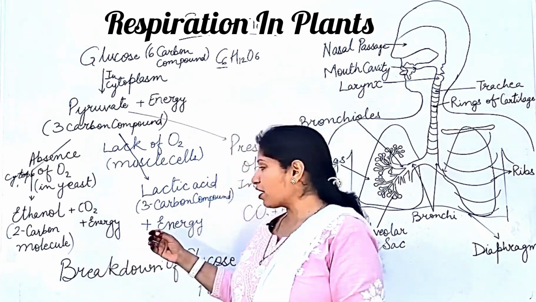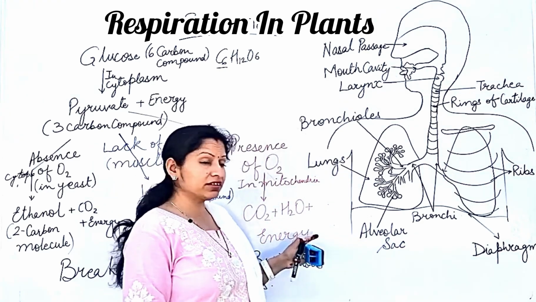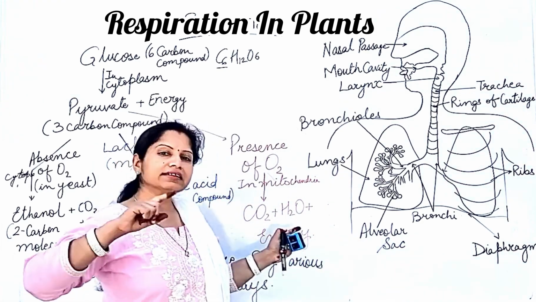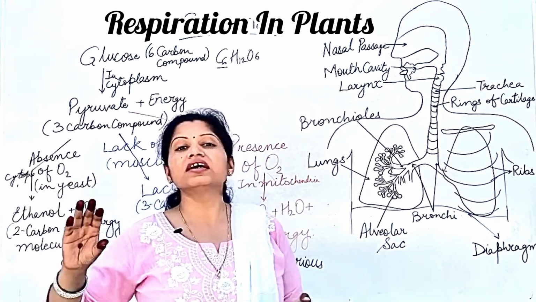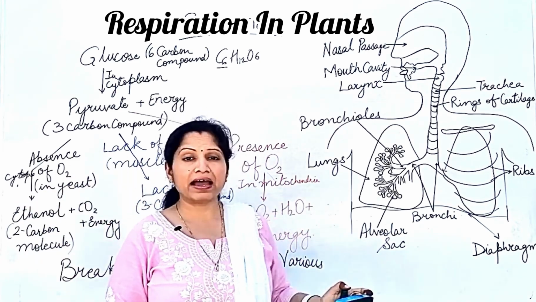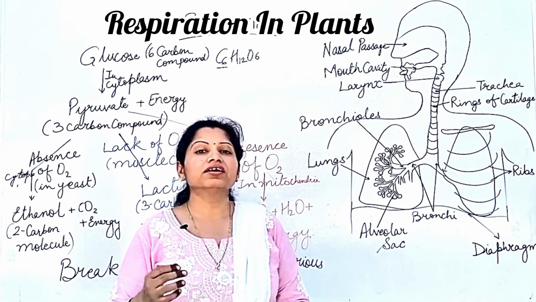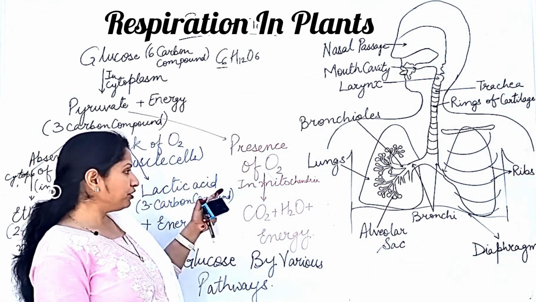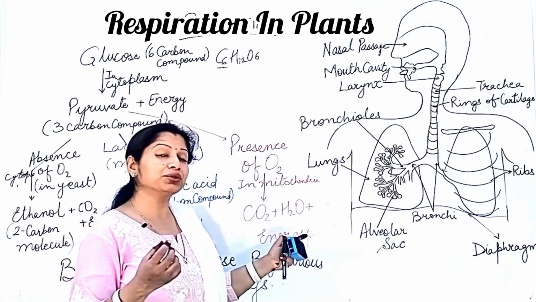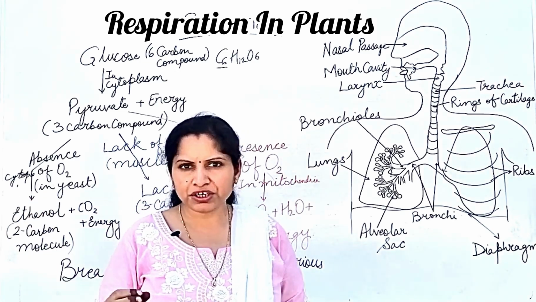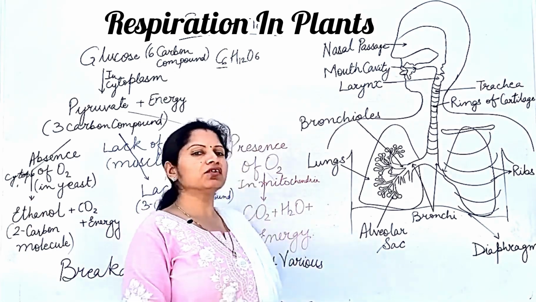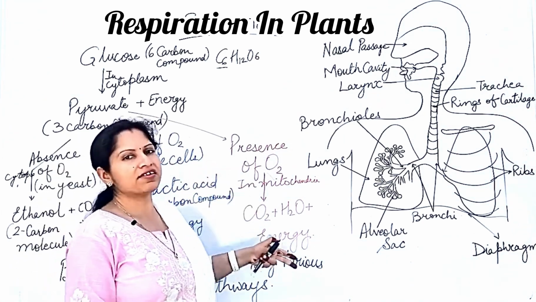So, whatever carbon dioxide is produced during the process of respiration, that carbon dioxide is used as a raw material for the process of photosynthesis by the plants. And in the same way, during the process of photosynthesis, they are producing oxygen. So, a part of that oxygen produced during photosynthesis is used for respiration.